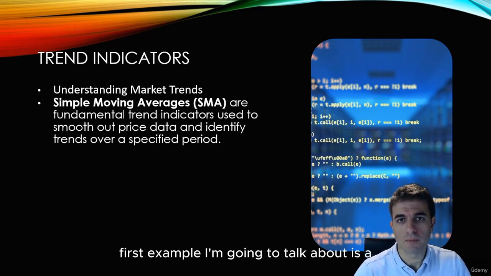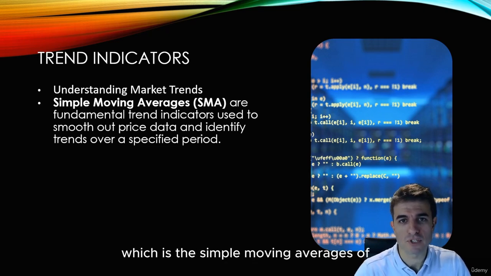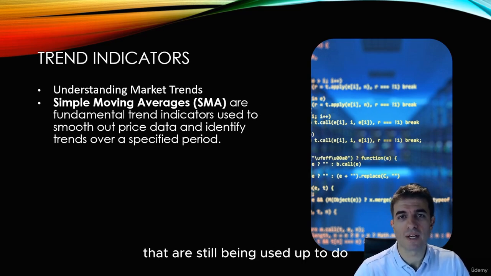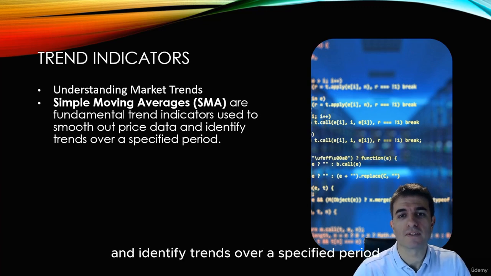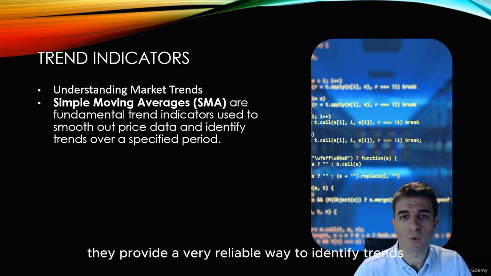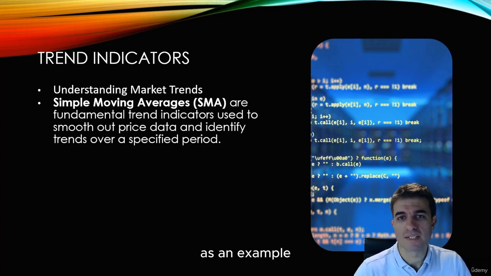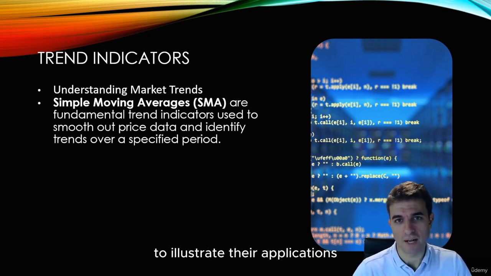The first example is a very widely used one, the simple moving averages. These are fundamental trend indicators, still used today to smooth out the price data and identify trends over a specified period. SMAs provide a very reliable way to identify trends and filter out noise in price data. We can calculate and interpret SMAs using a 50-day SMA to illustrate their applications.